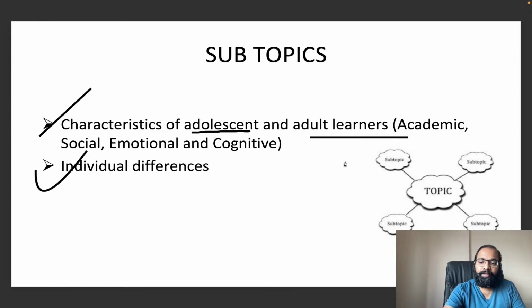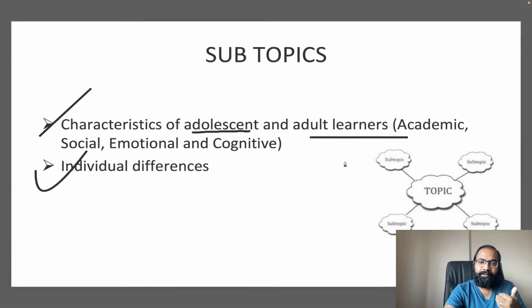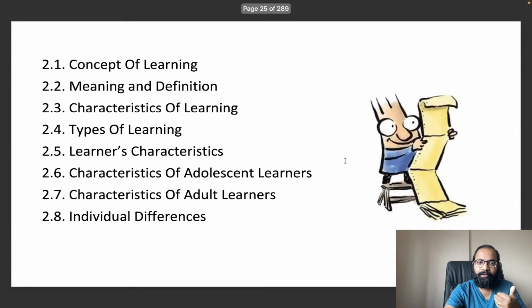But coming to the previous UGC NET examinations point of view, I split this learner characteristics into multiple subtopics, a total of 8 different subtopics. It is a little bit lengthier topic compared with the yesterday one. So all of you focus until completion of all the 8 subtopics under learner characteristics.